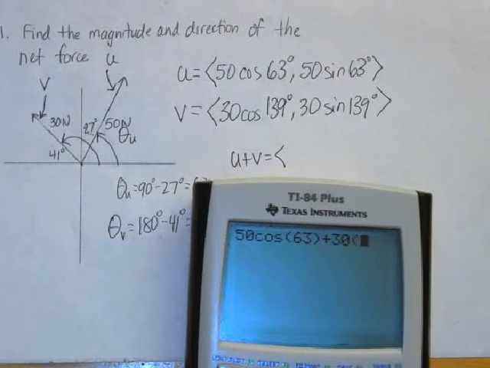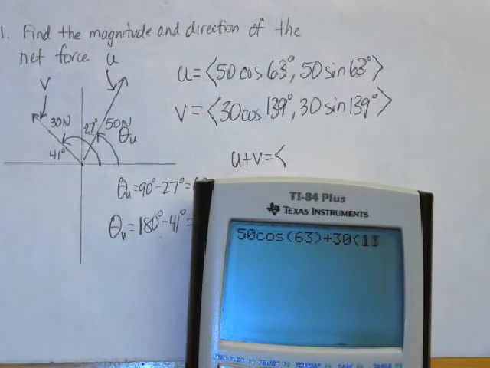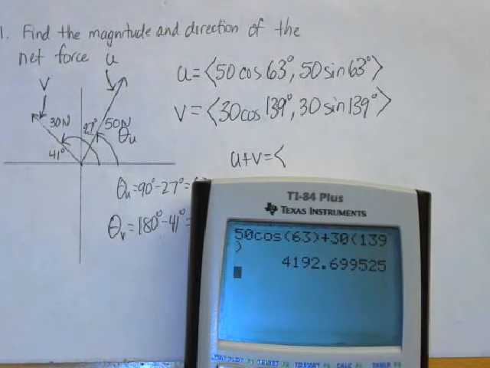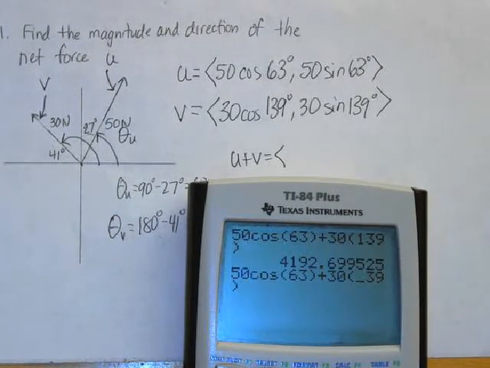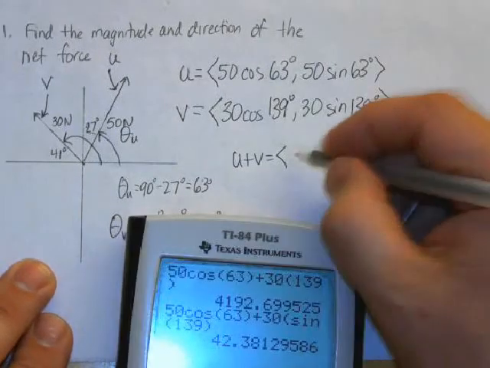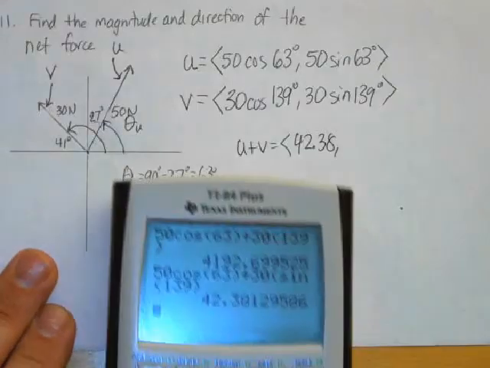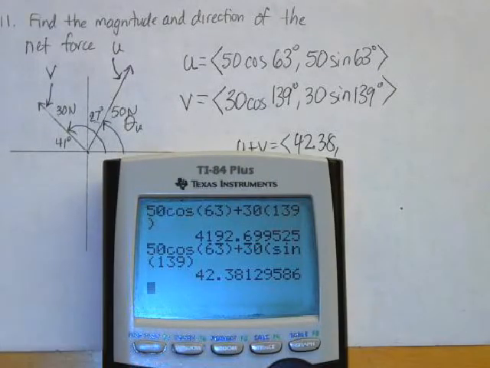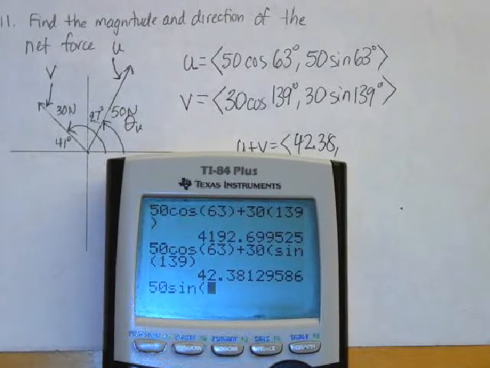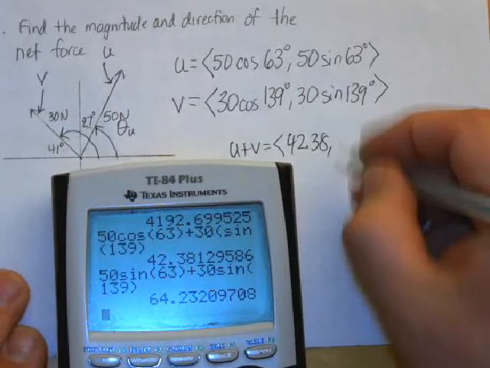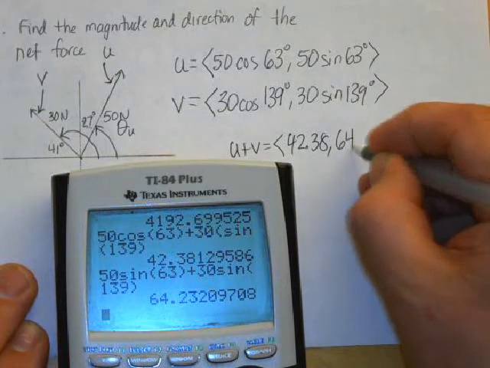So first do the horizontal component. I get about 42.38. And for the vertical component, we get 64.23.